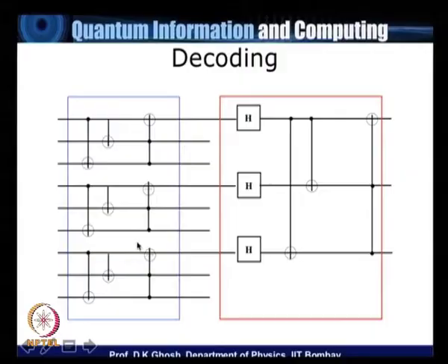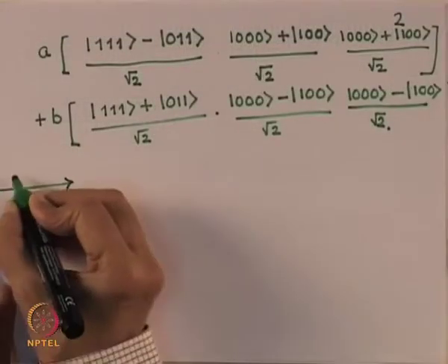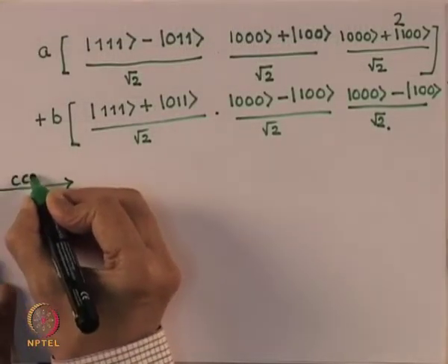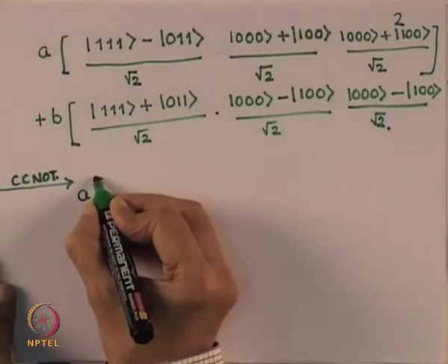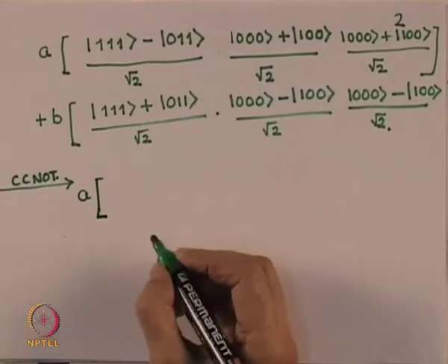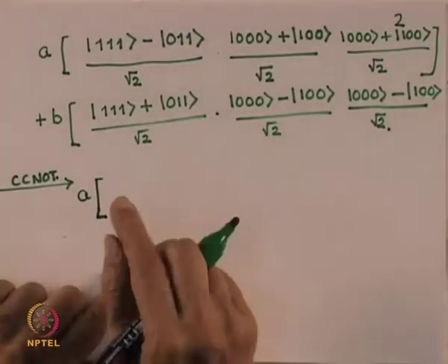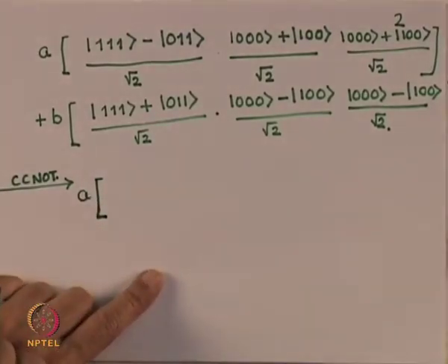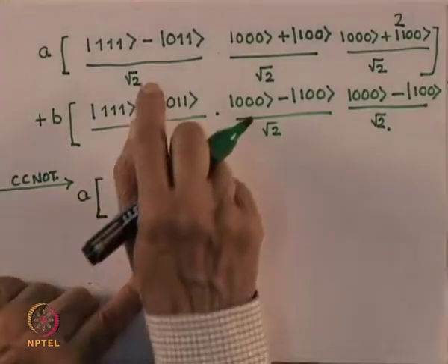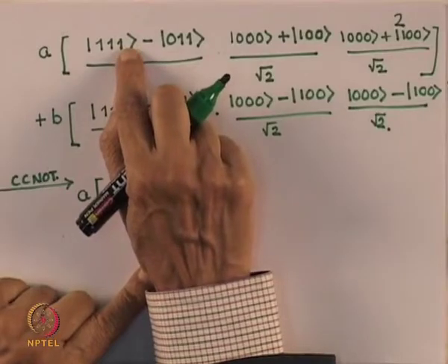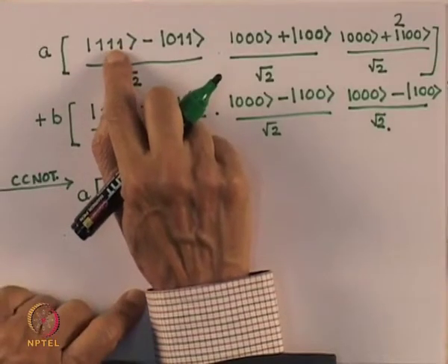So these are the 3 CC0s that I apply. So I get A times. Now you remember how CC0 works. The CC0 will work if both the controls are 1, and this is exactly what has happened here.